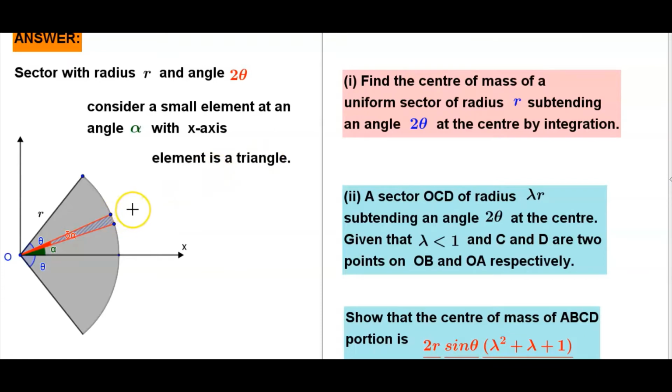When delta alpha is very small, this element can be considered a triangle. If delta alpha were very big, it would not be a triangle, but since delta alpha is very small, we can consider this small element as a triangle.